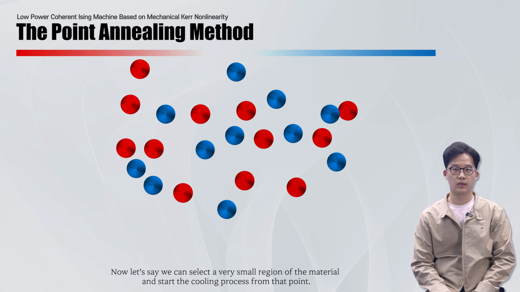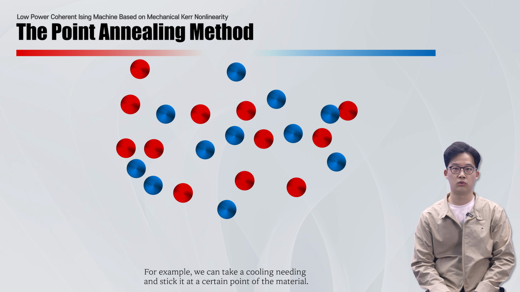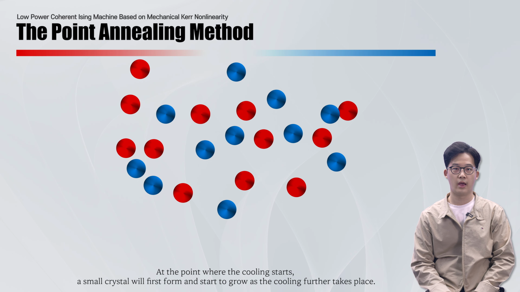Now, let's say we can select a very small region of the material and start the cooling process from that point. For example, we can take a cooling needle and stick it at a certain point of the material. At the point where the cooling starts, a small crystal will first form and start to grow as the cooling further takes place.